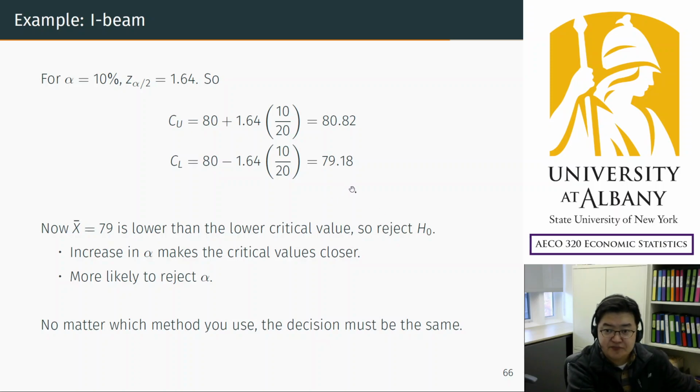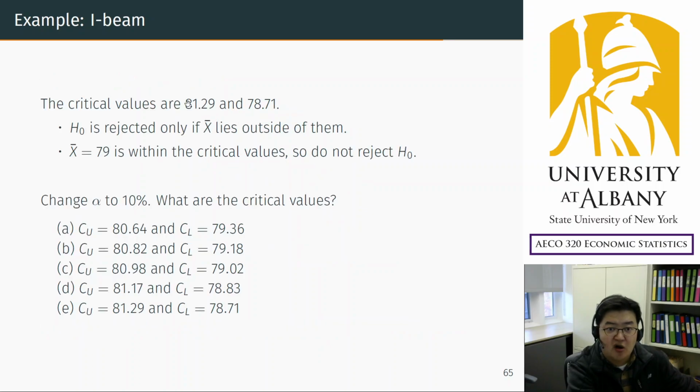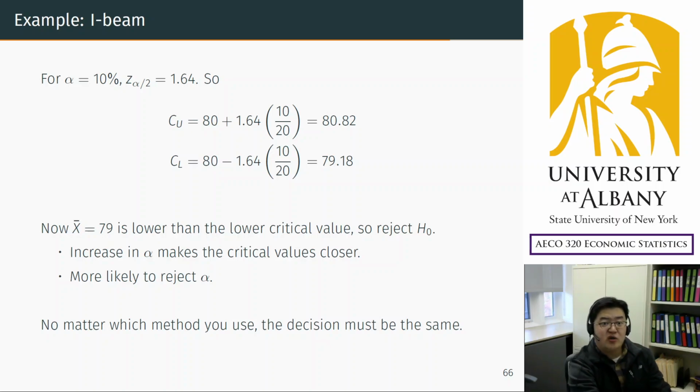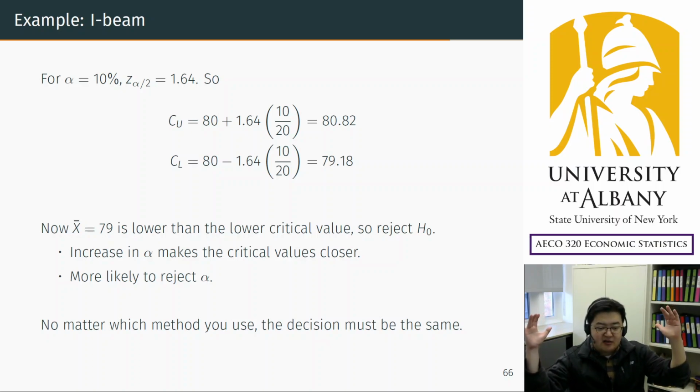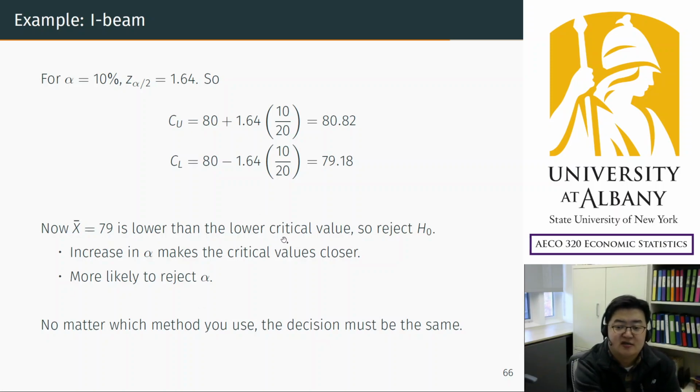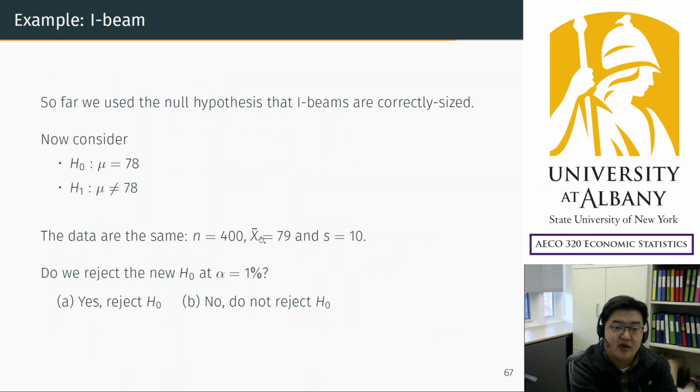In other words, compared to the earlier critical values, the critical values became narrower when you increase alpha from 1% to 10%, because 10% will reject more than 1%. That means you have to make it tighter. The critical values are closer to the null hypothesis, or the margin is much smaller so that you can reject more. So in that sense, the intuition, the mechanism is consistent across different methods.